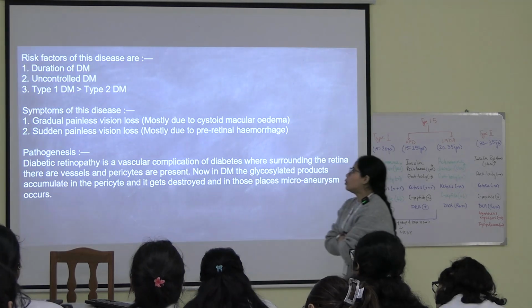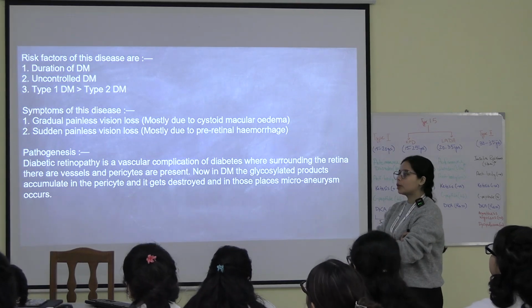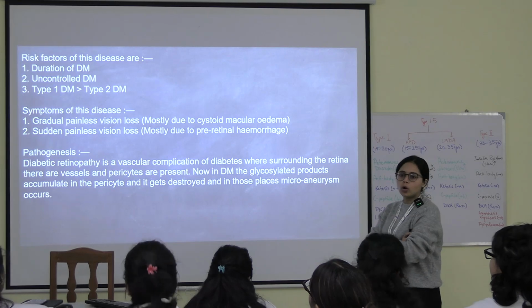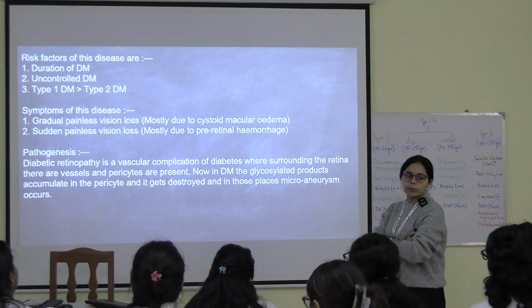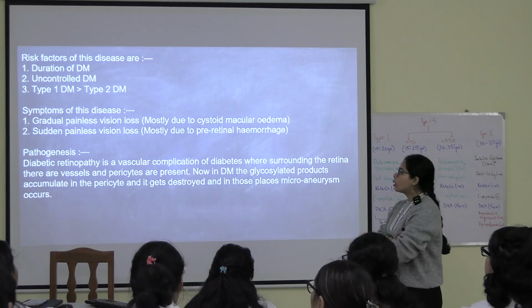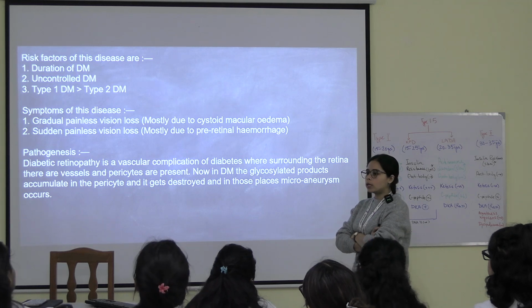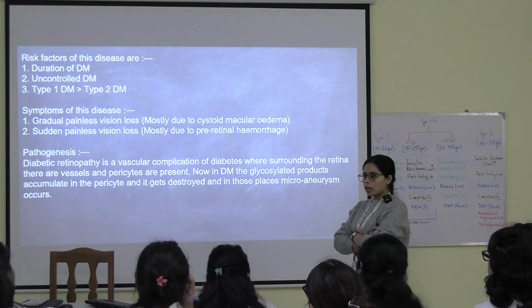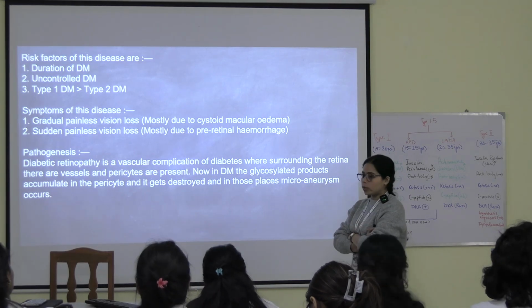So the risk factors of this disease are duration of diabetes mellitus. If a patient is having diabetes for a prolonged period of time, he is at the risk of developing diabetic retinopathy. Uncontrolled diabetes mellitus: if somebody is having diabetes but they are not taking medication properly, then they are at the risk of developing this diabetic retinopathy.